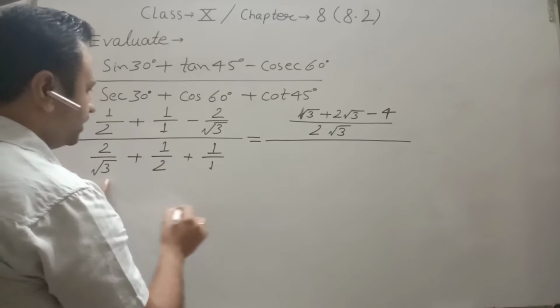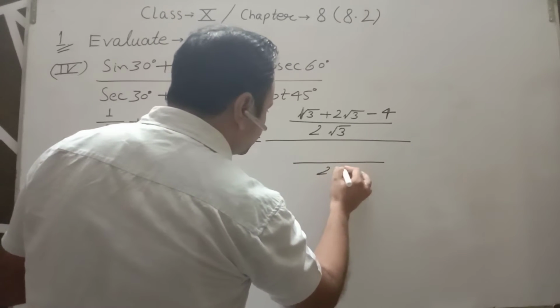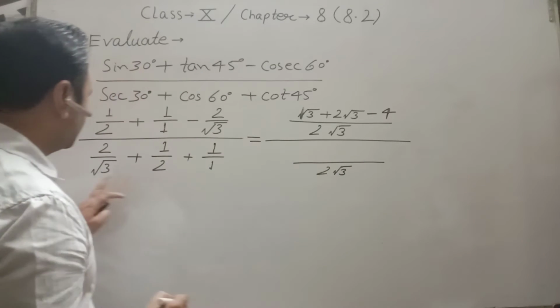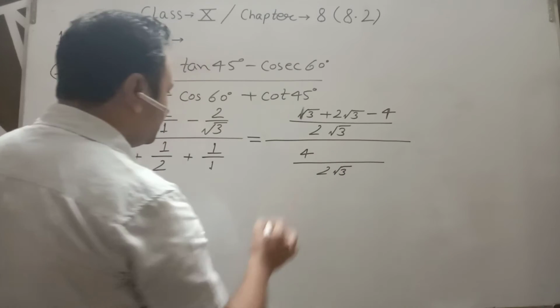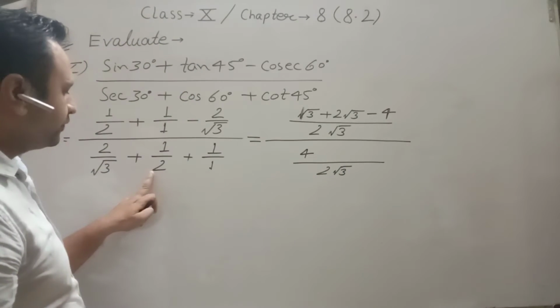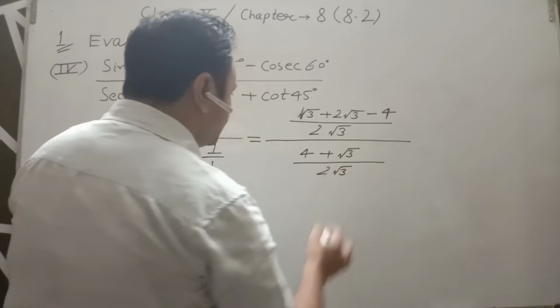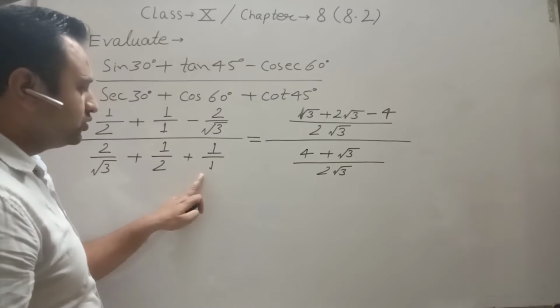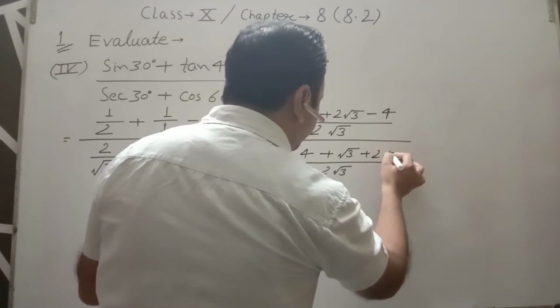In the denominator also we take LCM, and their LCM is also 2 root 3. 2 root 3 divided by root 3, we obtain 2. 2 to the 4. 2 root 3 divided by 2, we obtain root 3. Root 3 multiply 1, root 3. And 2 root 3 divided by 1, we obtain 2 root 3. 2 root 3 multiply 1, obviously 2 root 3.